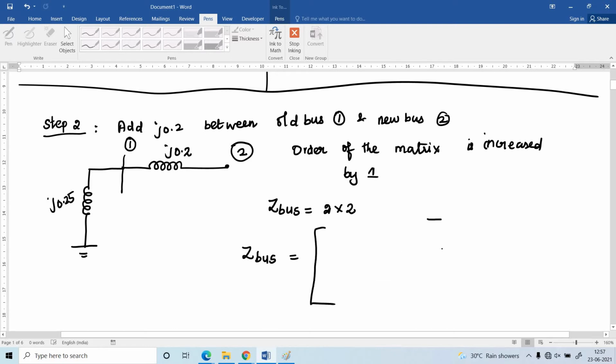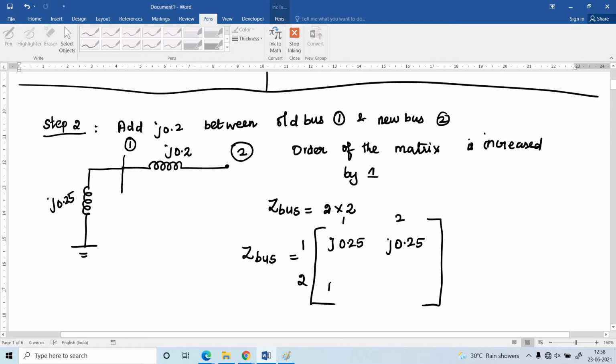Okay. Already we got the answer for 1,1, J0.25. How to find 1,2, then 2,1 and 2,2? How to find 1,2? Copy down the element in this column, J0.25.